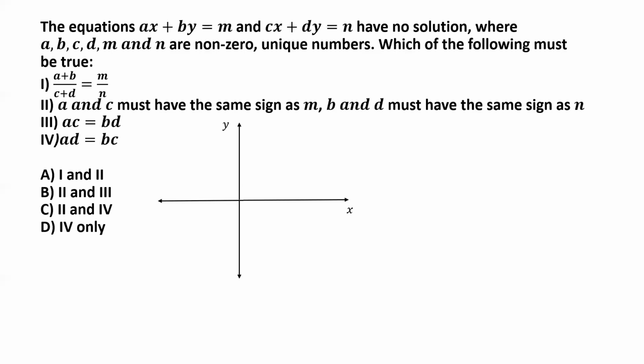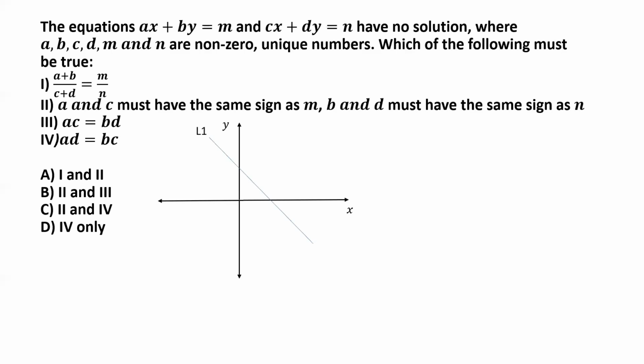These are two linear equations because we don't have any quadratic terms here. We don't have any product terms involving x and y. There is no nonlinear term in any of these equations. So they're perfectly linear equations. And a linear equation, if you represent it in the xy plane, will be a straight line like this one.